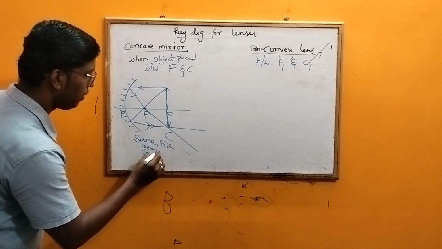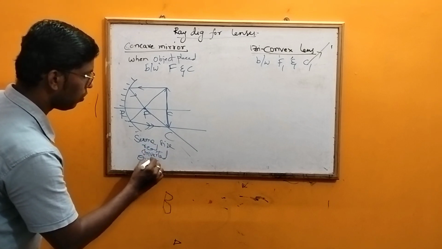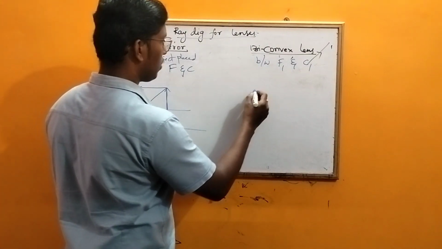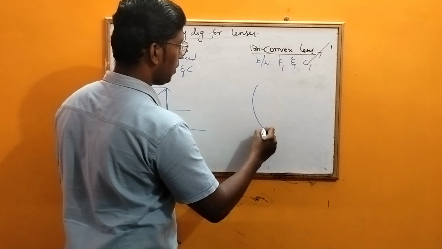It is inverted, and formed on C. If you use the scale properly and draw, you will get the structure perfect.